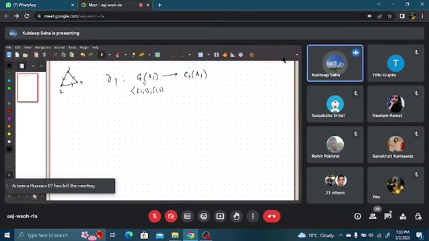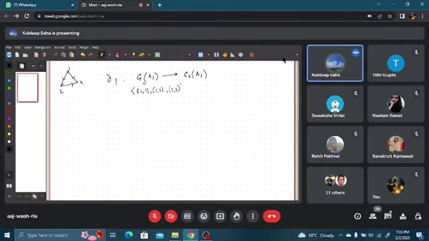So 1 comma 3, 2 comma 3, right? And this was generated by 1, 2, 3, and we found a linear combination of all these three that we call sigma 1. In particular, we proved that the kernel of delta 1 is generated by sigma 1, which is a cyclic group, isomorphic to Z.